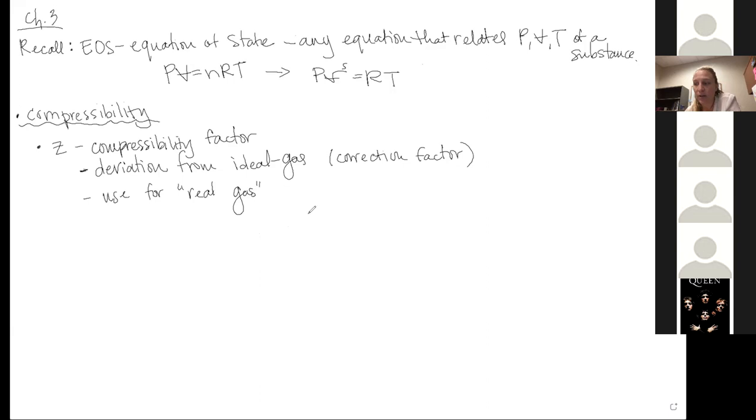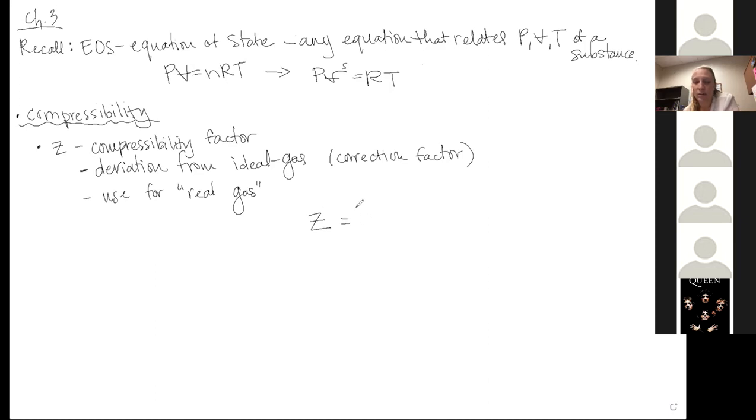And importantly, Z, our correction factor here, is going to be related to our ideal gas law.